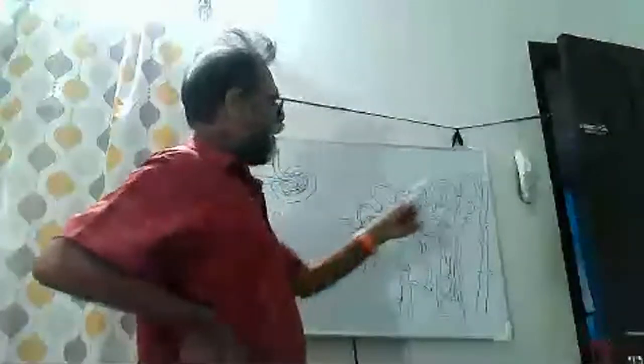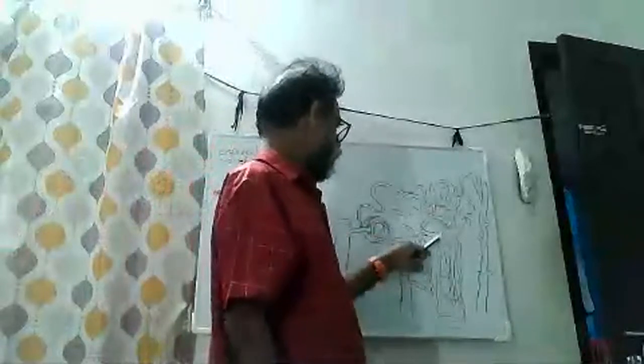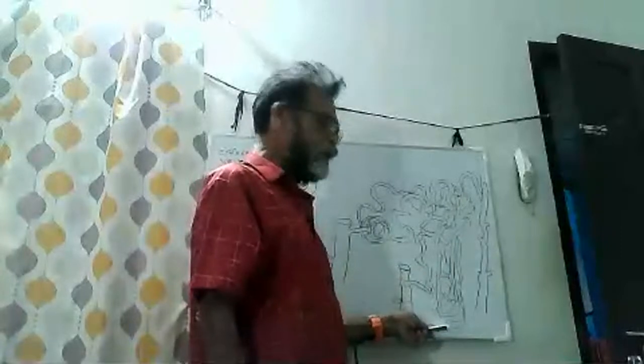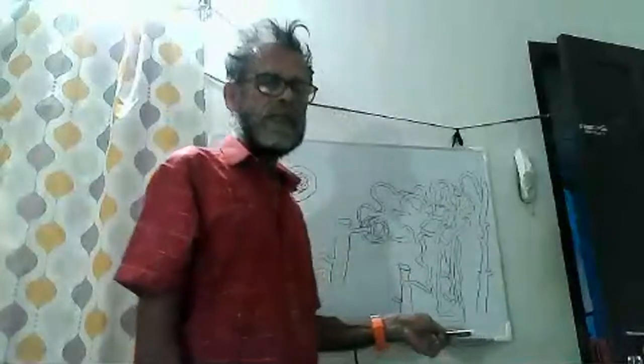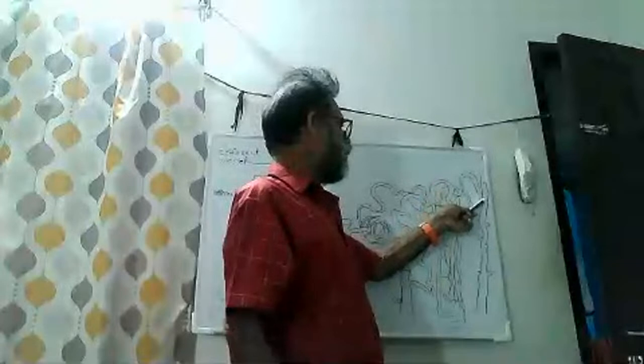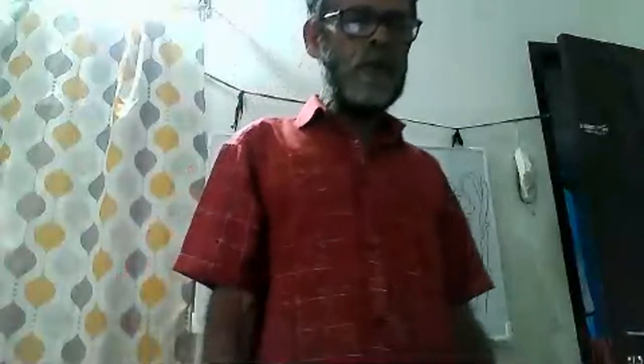The other parts are in the cortex. And then there is the second convoluted part. After that, it opens into the collecting tubule. Many collecting tubules are opened.